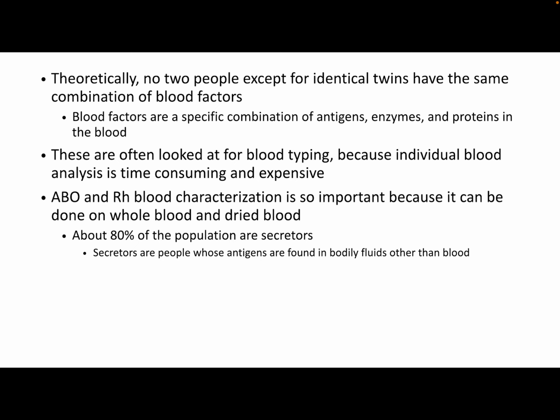So these are people whose antigens are also found in other bodily fluids other than their blood. So they might be able to determine blood type from sweat, saliva, urine, earwax, snot, anything that comes out of the body. They can test for those antigens as well.